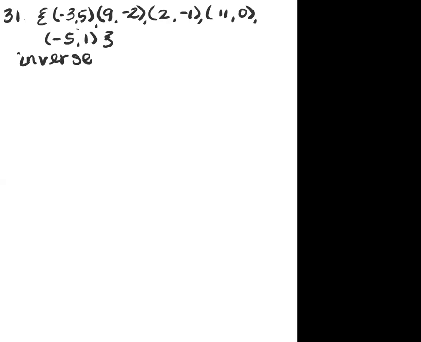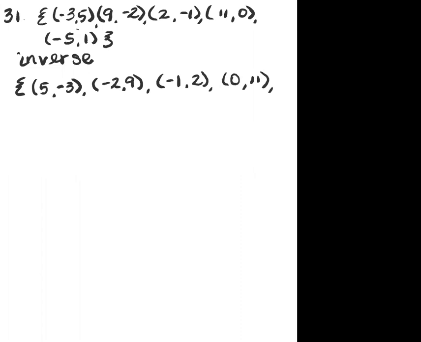Okay, so the easiest way to do the inverse with a set is to write the squiggly bracket and just flip the x's and the y's. So we get (5, -3), and we get (-2, 9), and we get (-1, 2). And we get (0, 11), and we get (1, -5).